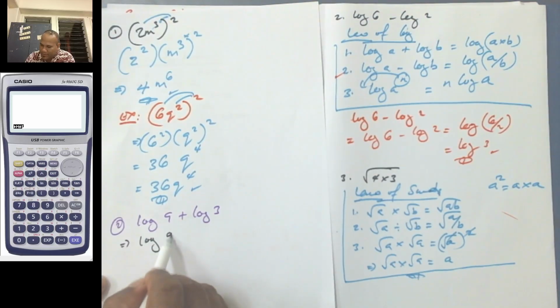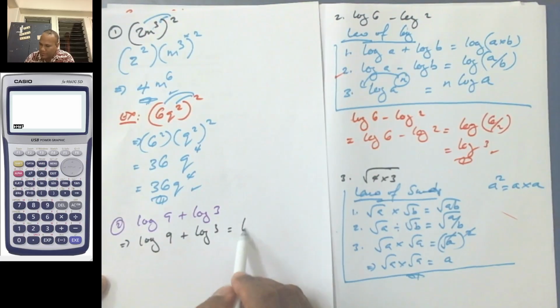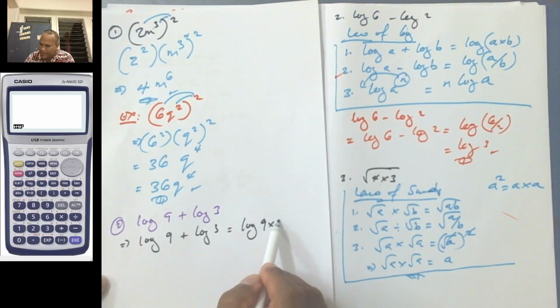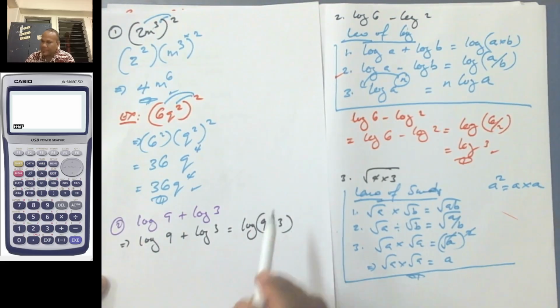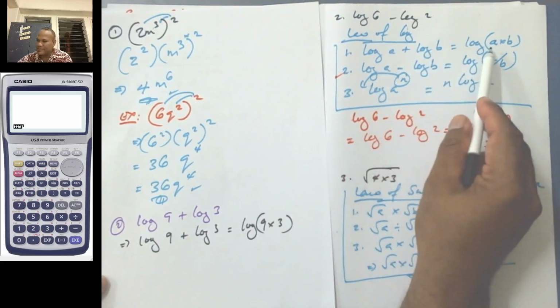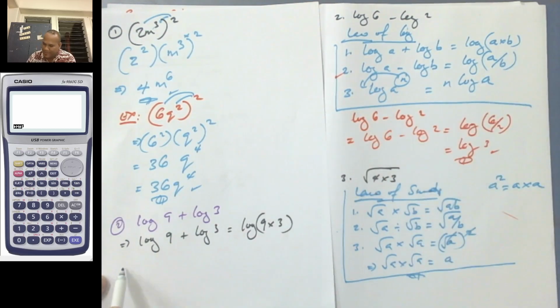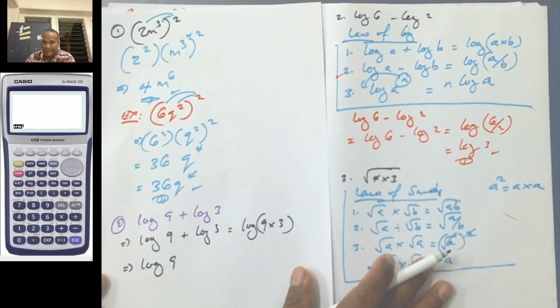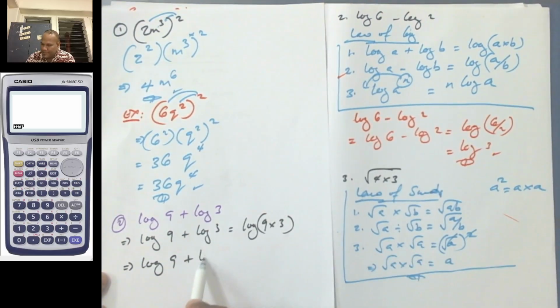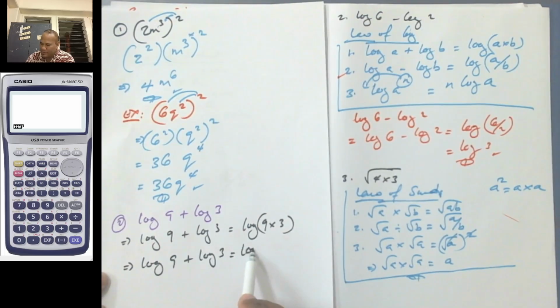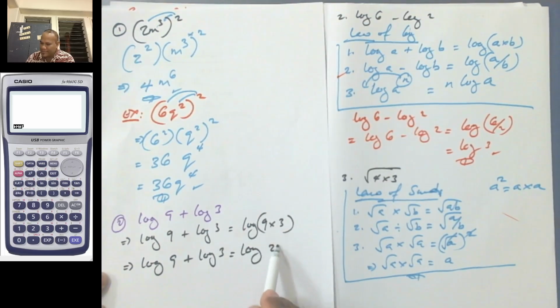Log 9 plus log 3 is equal to log 9 times 3, because log A plus log B is the same as log A times B. 9 times 3 is 27, and that is your answer.